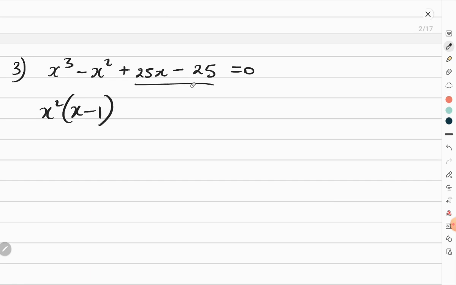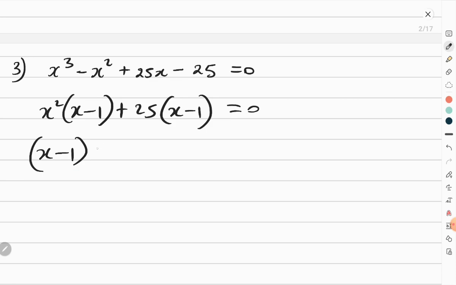Then for the second 2 terms, we can take the common factor 25, and you'll have x minus 1. Since x minus 1 is a common factor, we can take it out, and we'll be left with x squared plus 25.